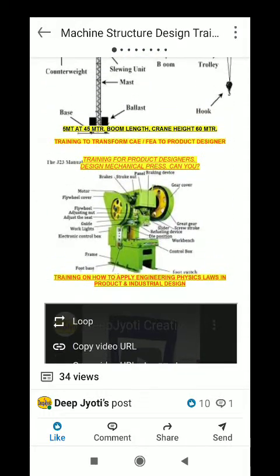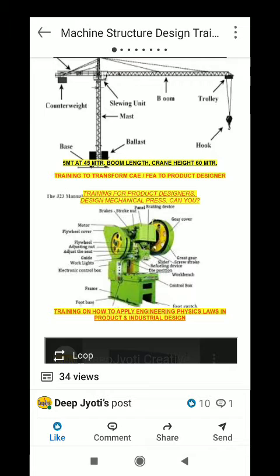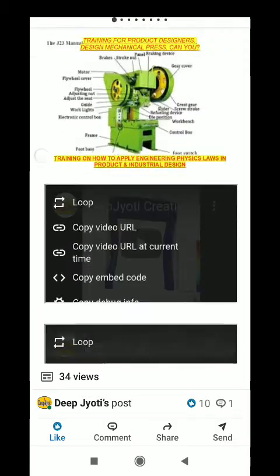Now this is a punch press, a simple mechanical punch press. How to start the design of this punch press, from where does it start? You must know the sheet metal fundamentals.